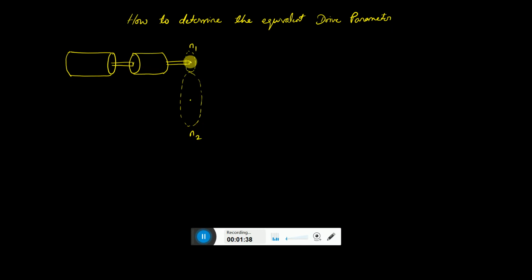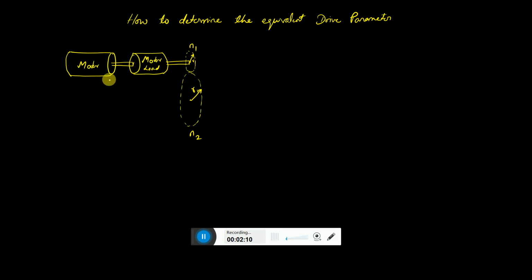We can say also the radius or diameter of the small gear, the small wheel, is R1 and the other radius is R2. But here instead of going for R1 and R2, we can sort it out by writing N1 and N2. Now this one is the motor and the other one, let us say, represents the motor load.